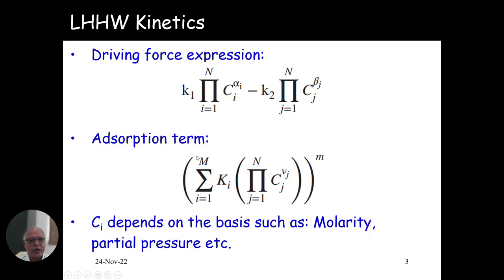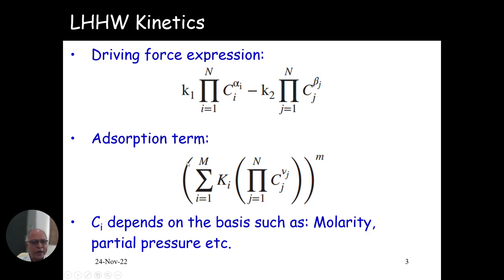So you can check very clearly from the actual model that you are working with. In the same way, for the adsorption term, the number of terms will be equal to the number of steps involved in the mechanism for deriving these Langmuir-Hinshelwood-Hougen-Watson correlations.